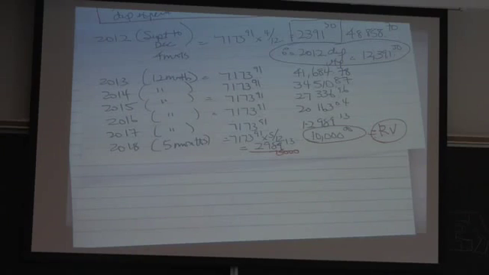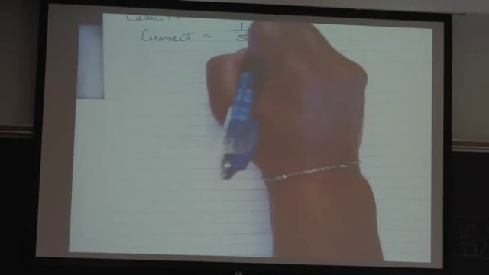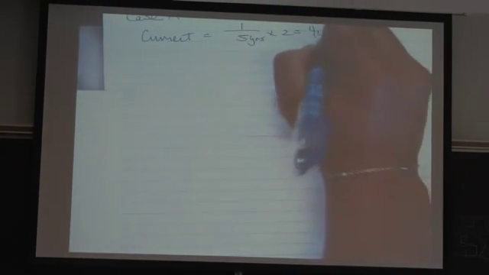Now, what if it was double declining balance? Let's do that, again case A. The current rate is 1 over 5 years times 2, which is 40%.